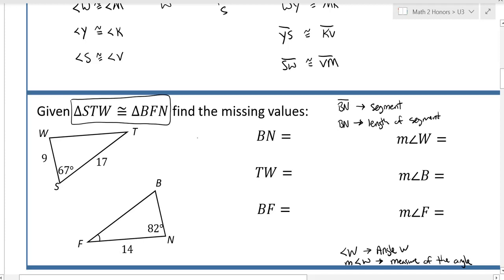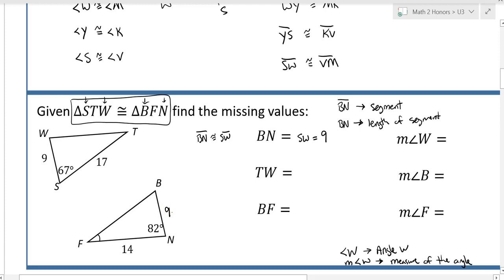We know that BN, the segment, is congruent to SW because B and N are the first and the last letters of that statement, and so S and W are the first and last letters of the first statement. And if I look at SW, so this is equal to SW, which is 9. And I could write that in, so BN is 9 in my picture.